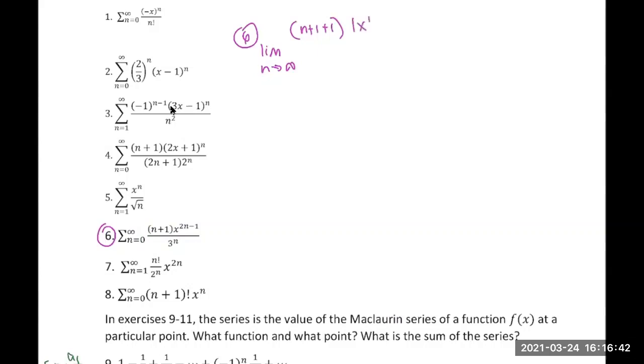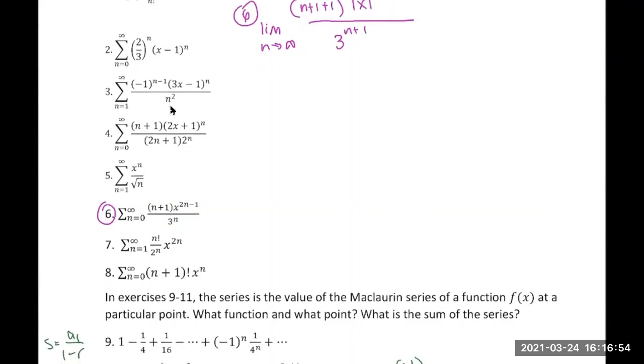The absolute value goes around the x, and then you have 2 parentheses n plus 1 minus 1, all over 3 to the n plus 1. I'm going to double back and just recommend again, there was that one free response that we did the other day, where terms were negative when you evaluated what happens when you plug in 0.